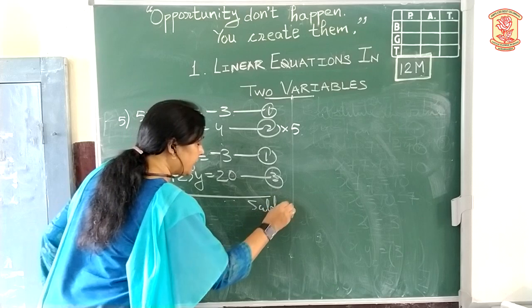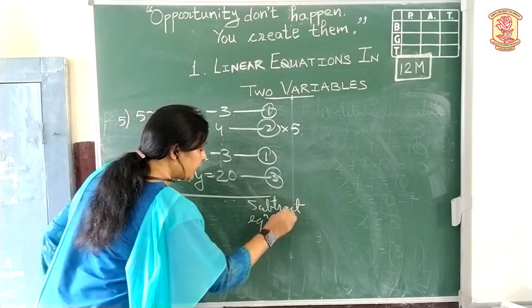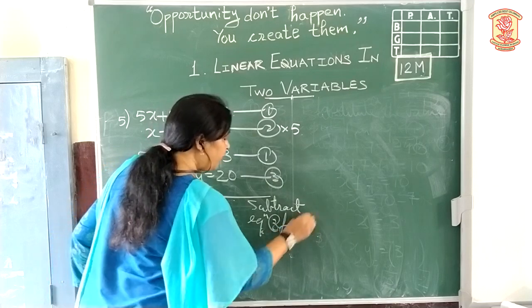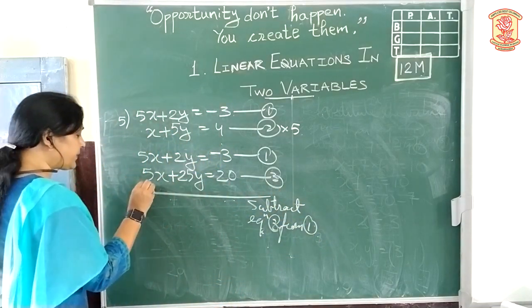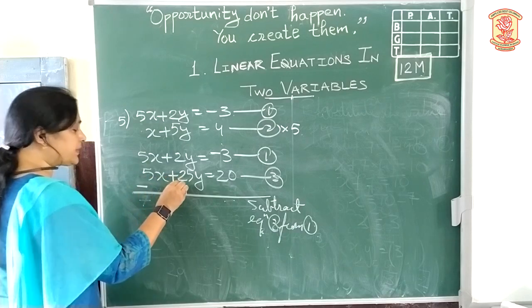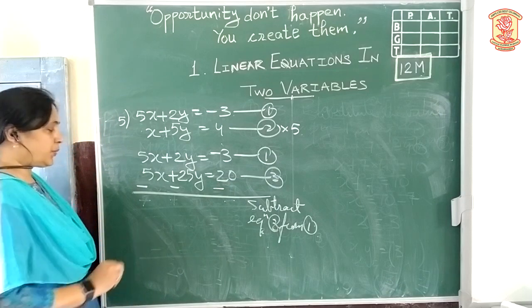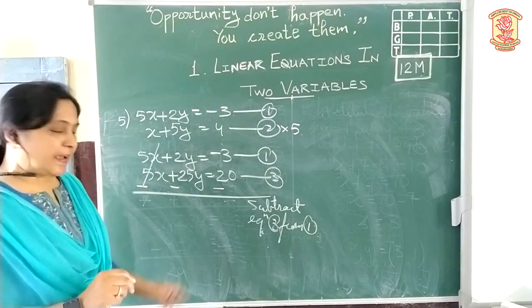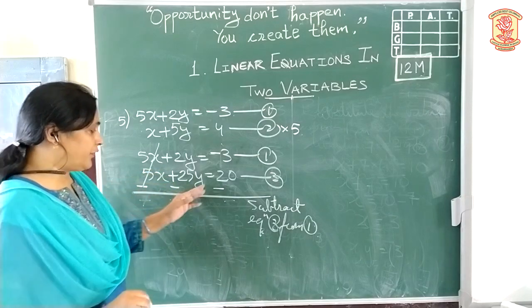So subtract equation 3 from first, that is the upper one minus the lower one. Plus 5x becomes minus 5x, plus 25y becomes minus 25y, plus 20 becomes minus 20. Plus 5x minus 5x cancel. Now we are going to consider the new sign of the variable.